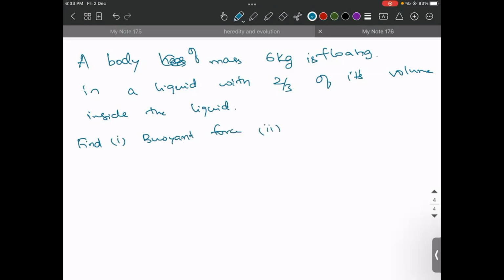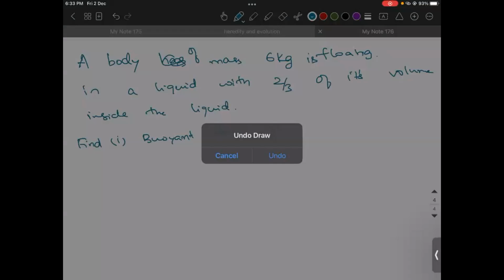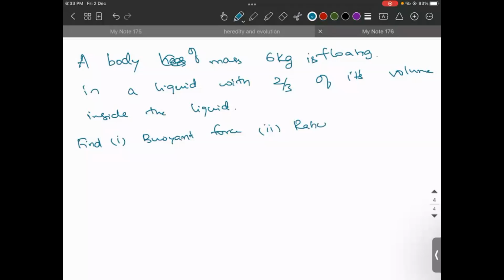Second, the ratio of density of solid to density of liquid. And take the value of g equal to 10 meter per second square. Do it fast and tell me.